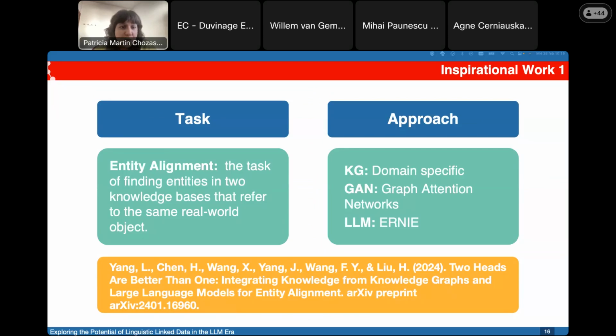which is focused on the task of entity alignment, which is the task of finding entities in two knowledge bases that may refer to the same real-world object. In this approach, authors used a domain-specific graph, and the approach to inject the knowledge in the LLM is a Graph Attention Network, and the LLM employed is ERNIE.